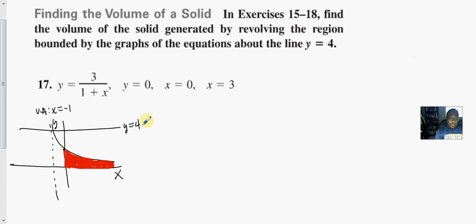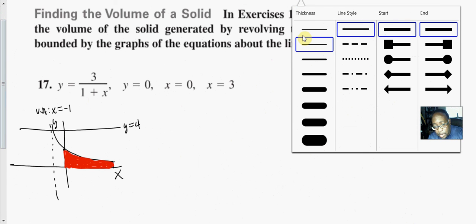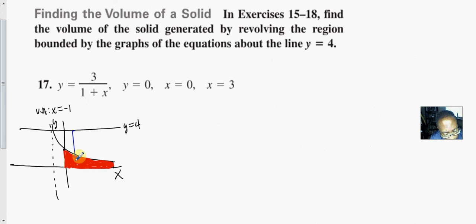So y equal to 4 is there. So we need the big R, right? Remember the thickness is delta x. This is big R. Then we need little r.